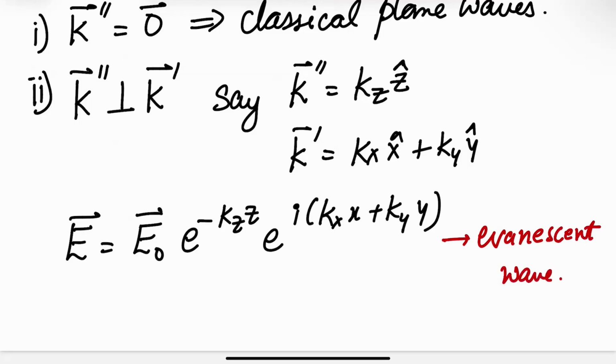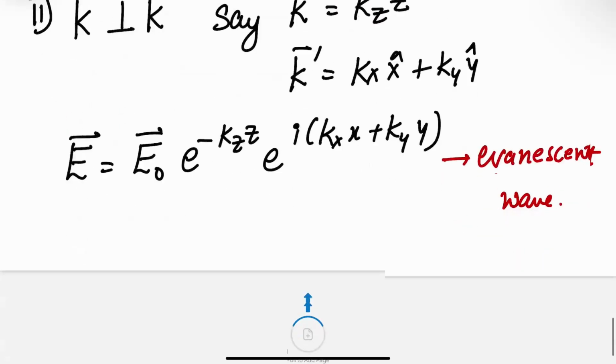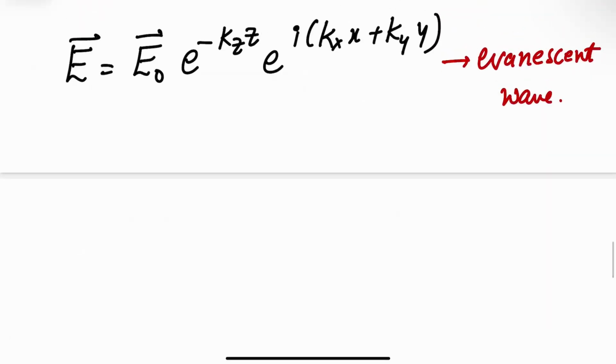So for an evanescent wave, propagation of phase is perpendicular to the propagation of amplitude. And that should make sense because if you look at the way evanescent waves propagate, there is a decay. So decay, let's say, in the z direction, but the propagation was always in the x direction.